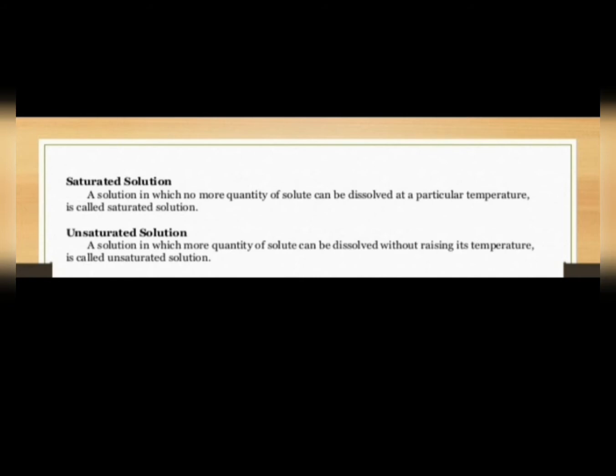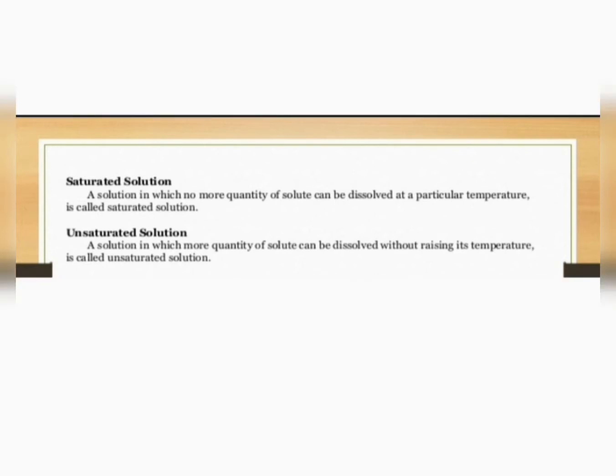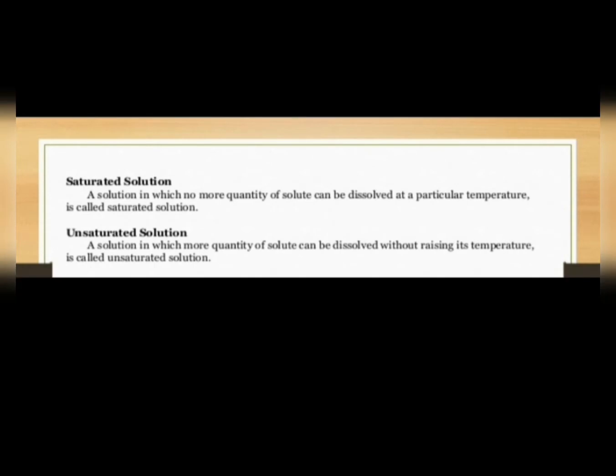Now, what is an unsaturated solution? We'll first discuss the unsaturated solution, okay? A solution in which more quantity of solute can be dissolved without raising its temperature is called an unsaturated solution.